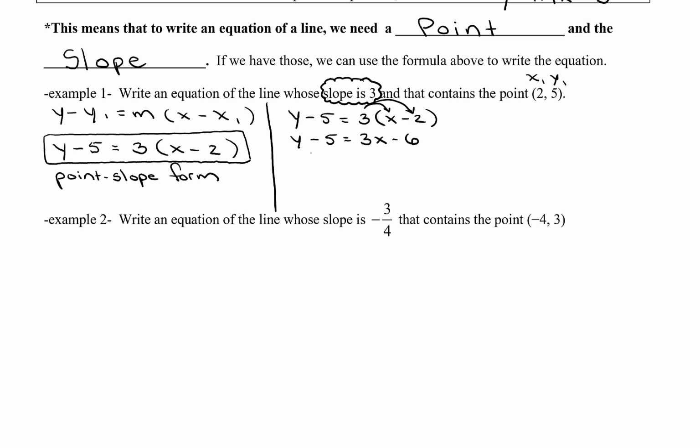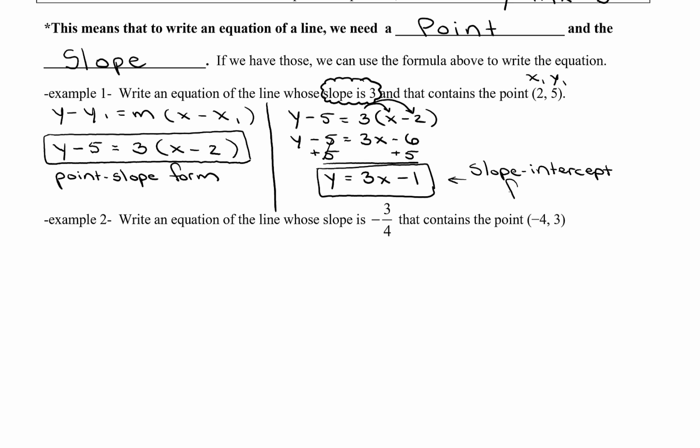I'm going to add 5 to both sides of the equal sign. And I'll be left with y equals 3x minus 1. I'm going to box that answer in. This represents the equation of the line with slope 3, and it contains the point 2, 5. But this equation is in slope-intercept form, and I've written those words to the right-hand side of this equation with an arrow pointing towards this equation.